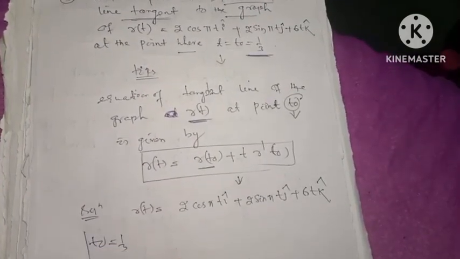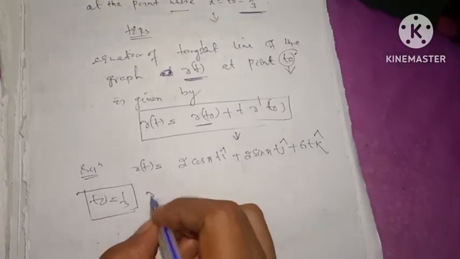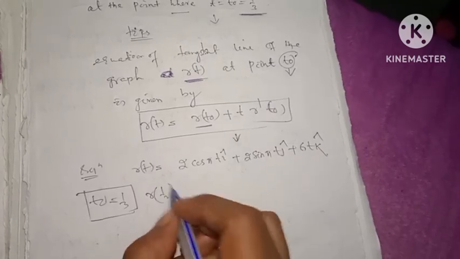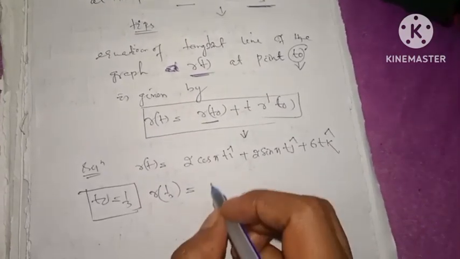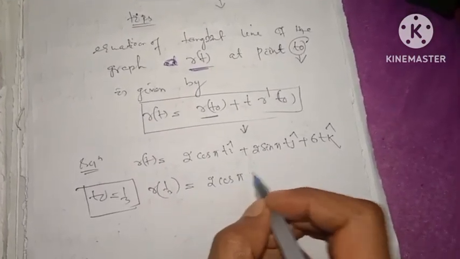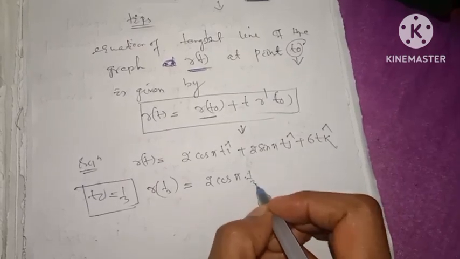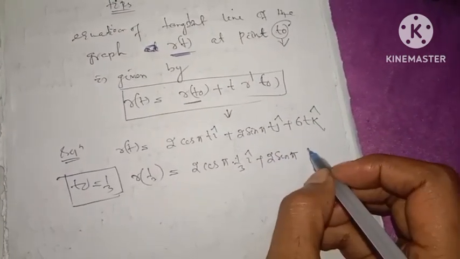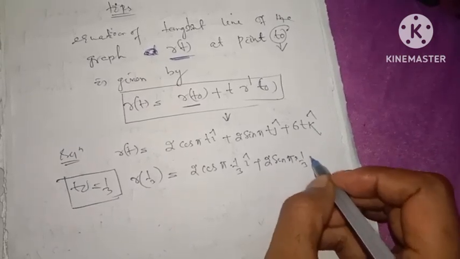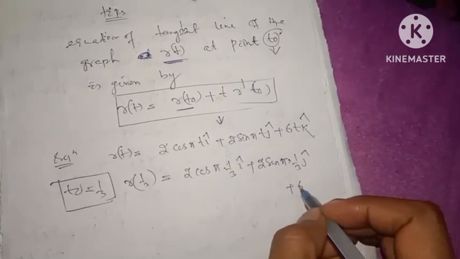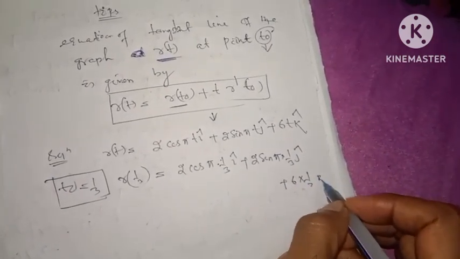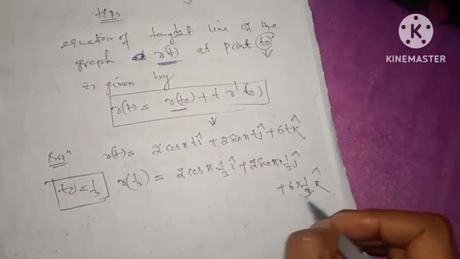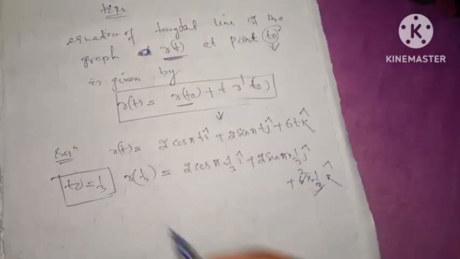So t naught equal to 1/3. What is the value of r of 1/3? 2 cos pi into t, where t is 1/3, i cap, plus 2 sin pi into 1/3, j cap, plus 6 into 1/3, k cap. So this cancels, 3 twos are 6.